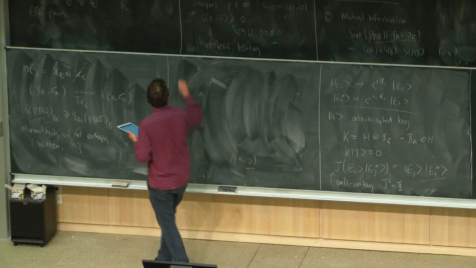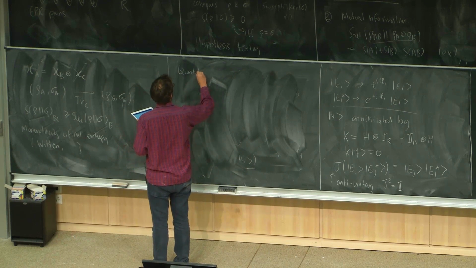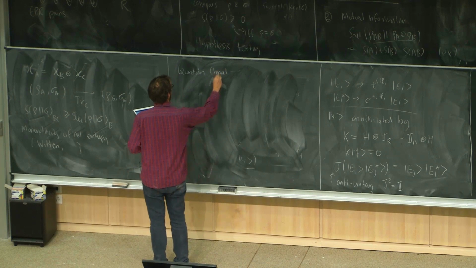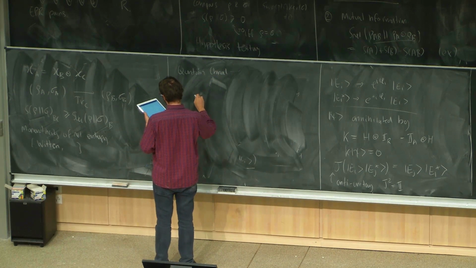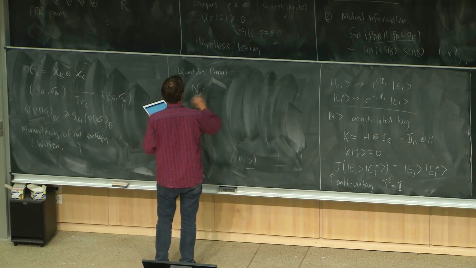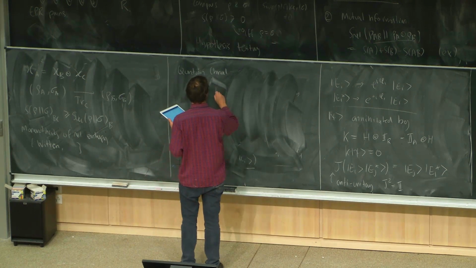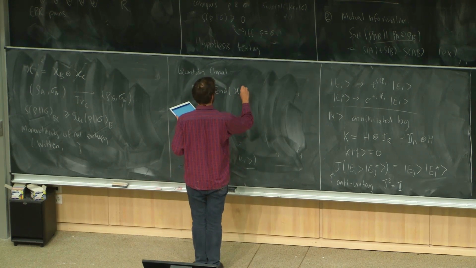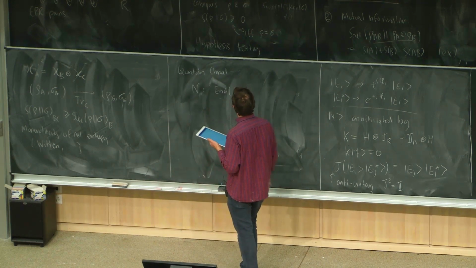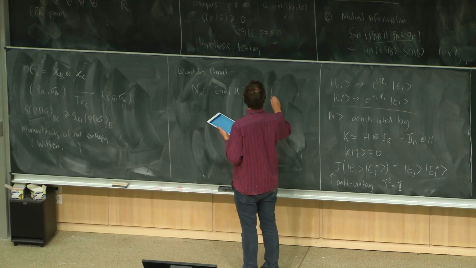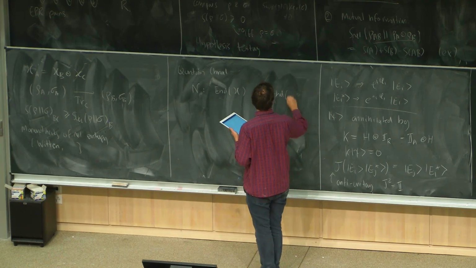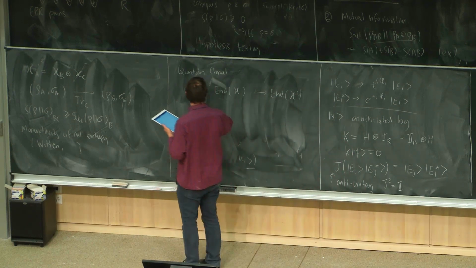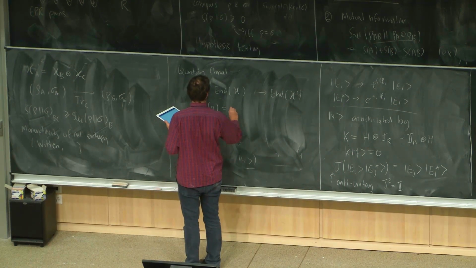A quantum channel is, at some basic level, a linear map between matrices on some Hilbert space, endomorphisms of that Hilbert space, to some matrices on some other Hilbert space. So it would take N of rho and give me rho prime, for example.